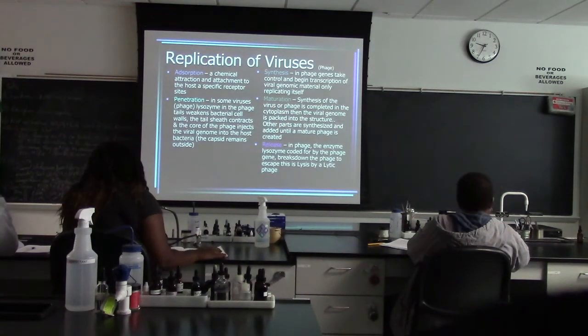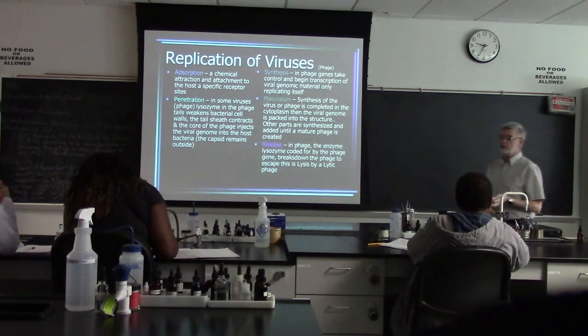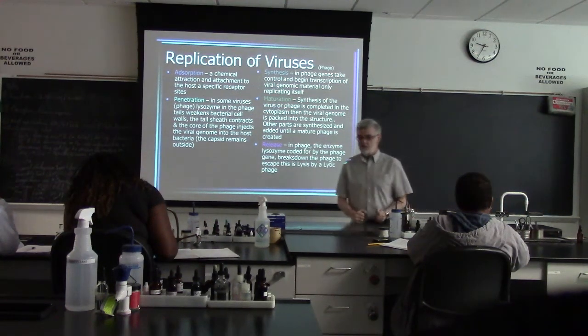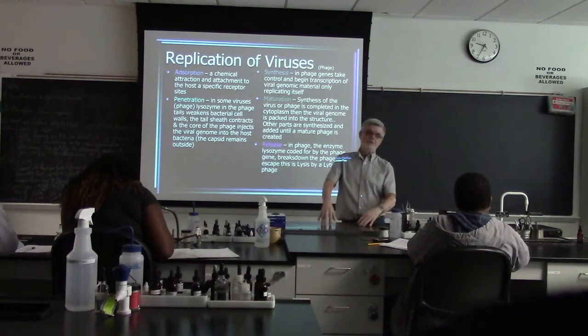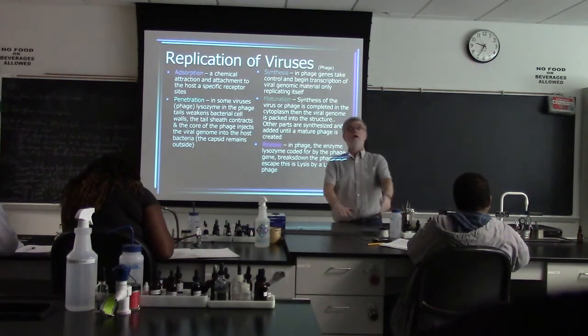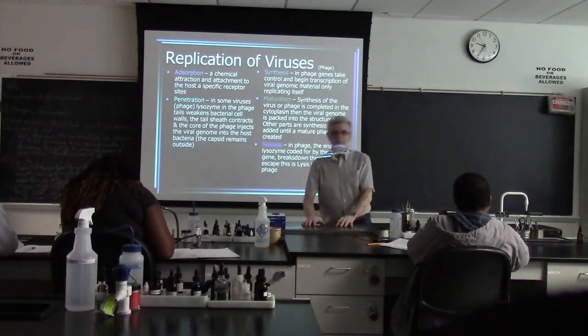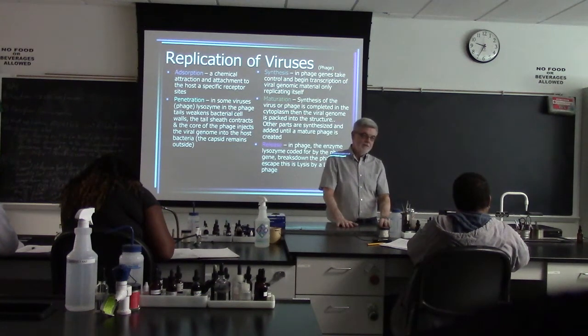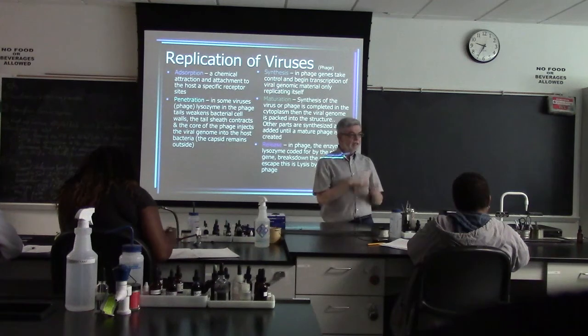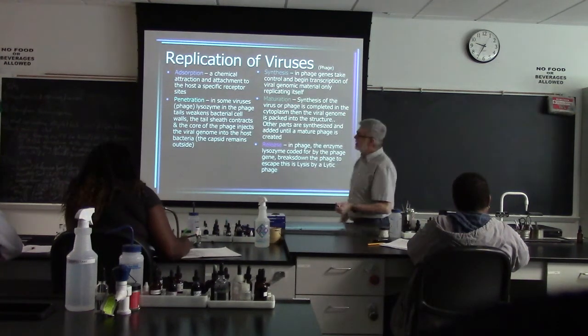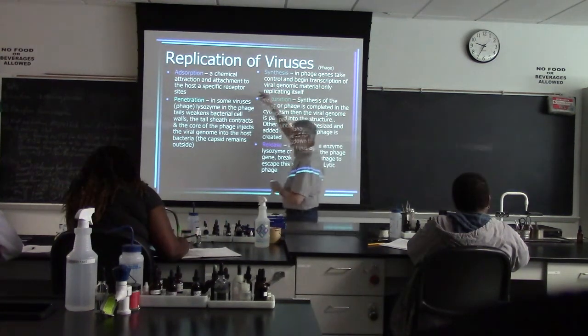Okay, what do you need to know about this? Every different kind of virus reproduces slightly differently. So I'm not going to ask you to know RNA animal viruses or DNA animal viruses or RNA plant viruses or bacterial viruses. Let's just know the steps, because there are slight differences in each one, but the steps are always the same.